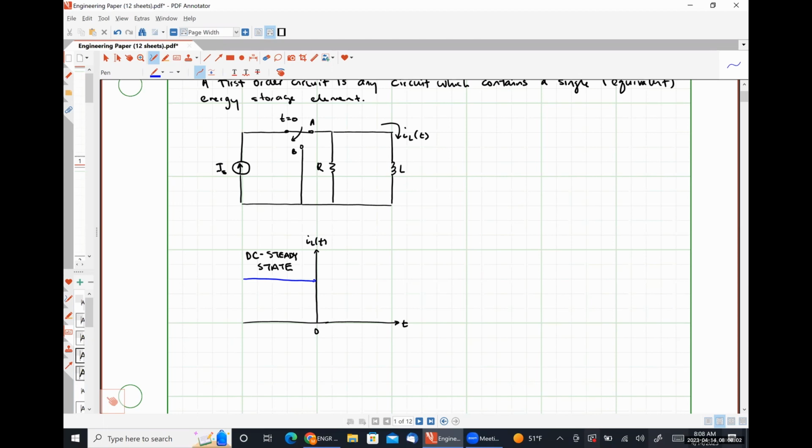Because the energy stored by an inductor is equal to 1/2 times the inductor value times the current squared, right? So we have some fixed amount of energy stored in the inductor. When that switch changes state, what is going to happen? The current source is being disconnected from the inductor.